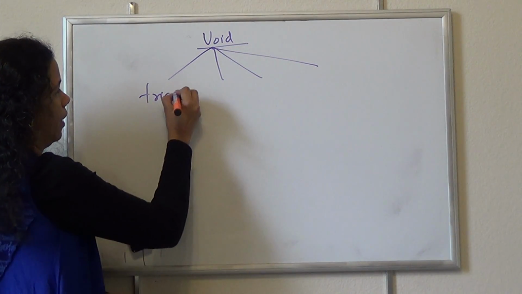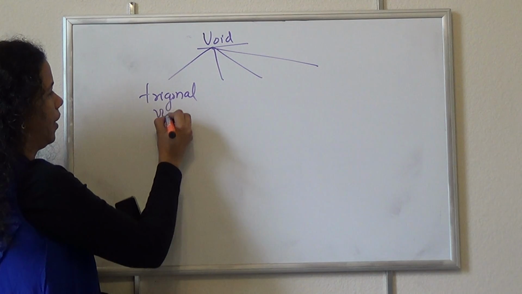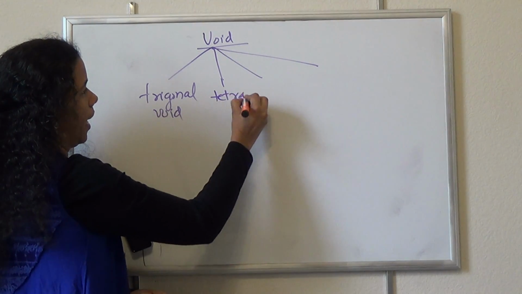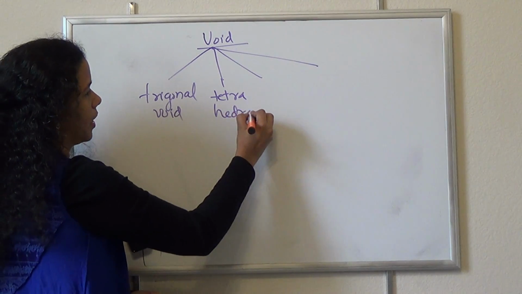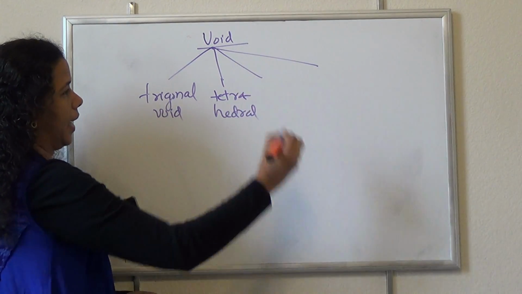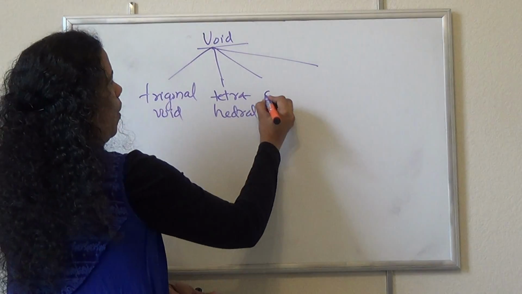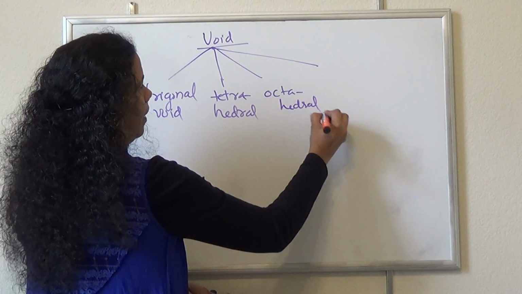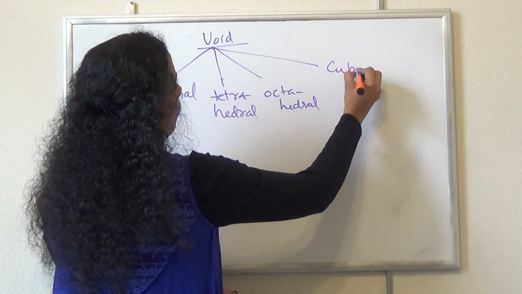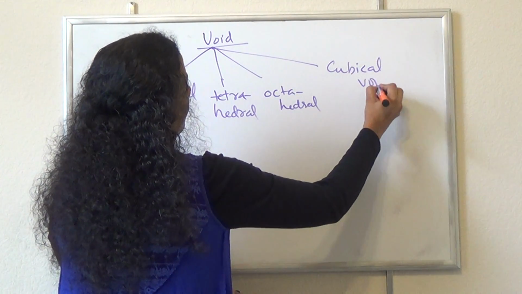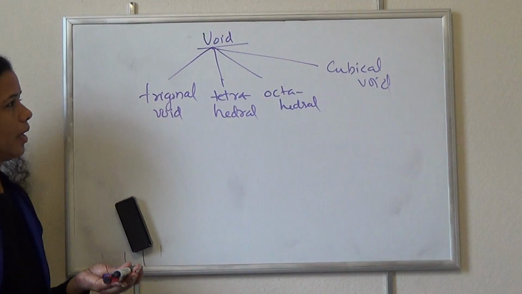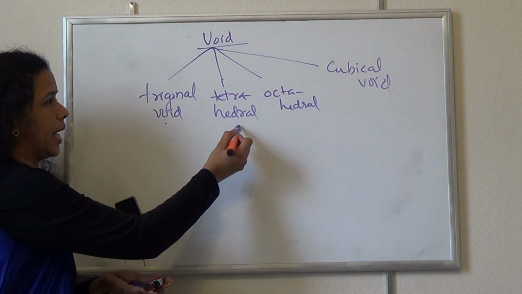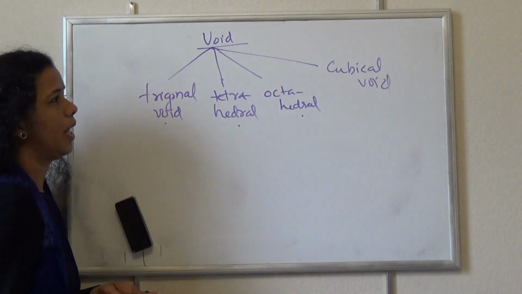Trigonal void is a very small void. Trigonal void. Tetrahedral void, according to their shape. Tetrahedral void, octahedral void, and cubical void. There are 4 types of void: trigonal void, tetrahedral void, octahedral void, cubical void.